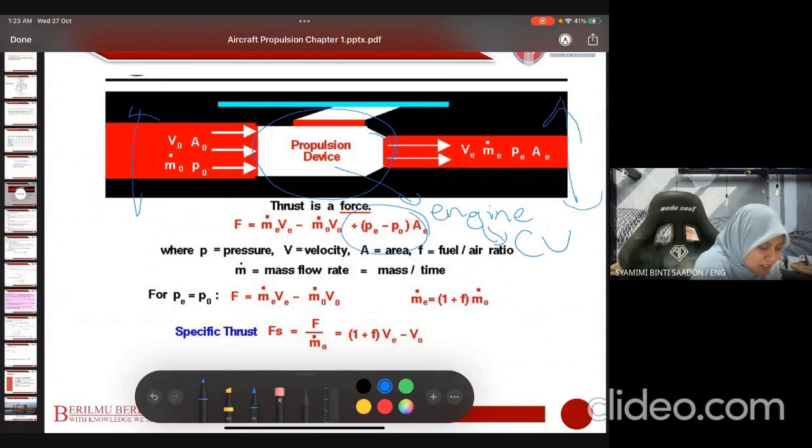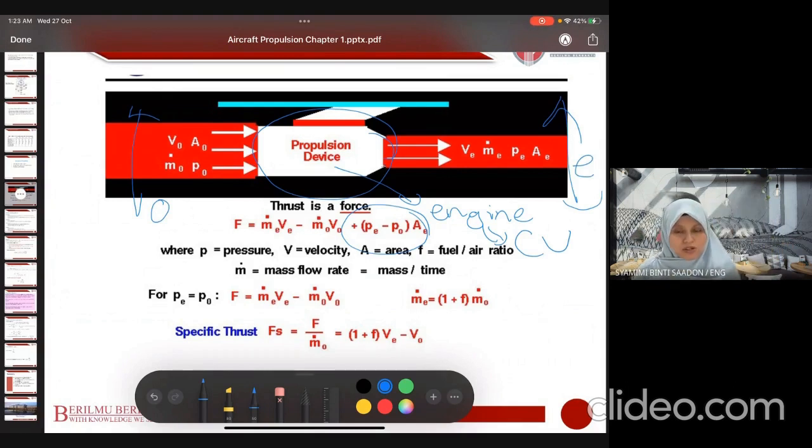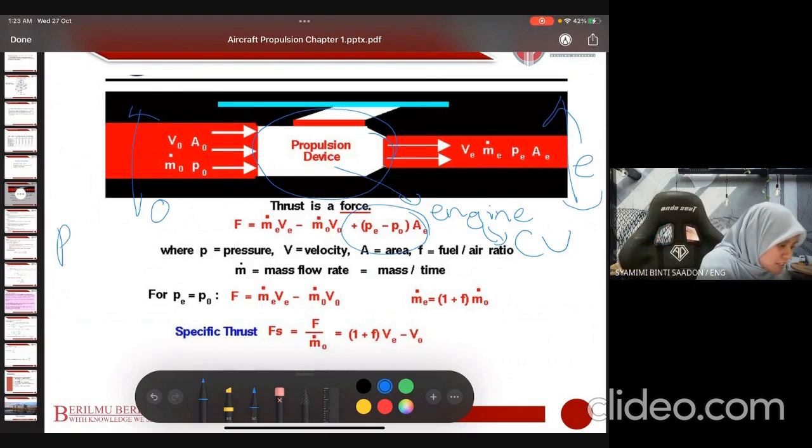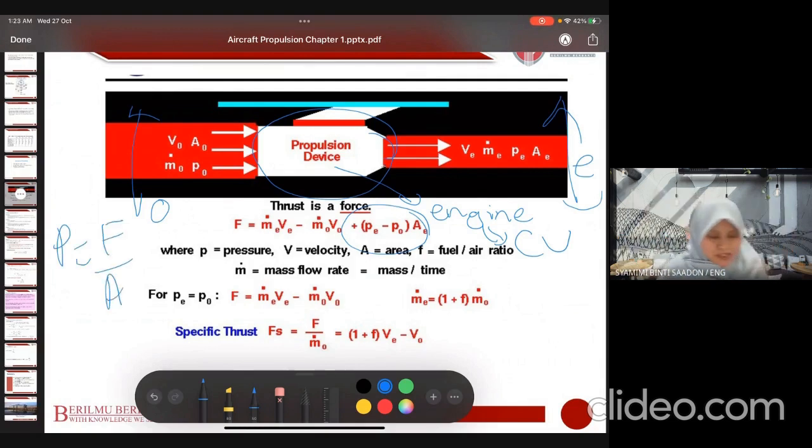From the initial point, the inlet, which is known as O, and the exhaust, exit E. So we have those pressure forces, right and left, inlet, outlet. Because pressure is force over area, the pressure force is PA.